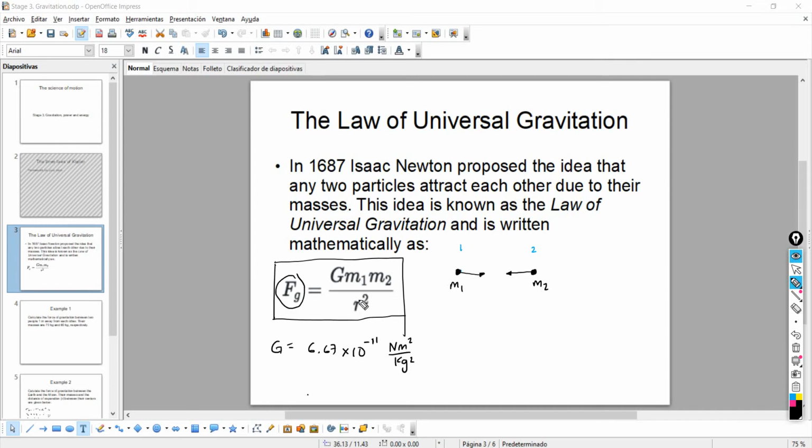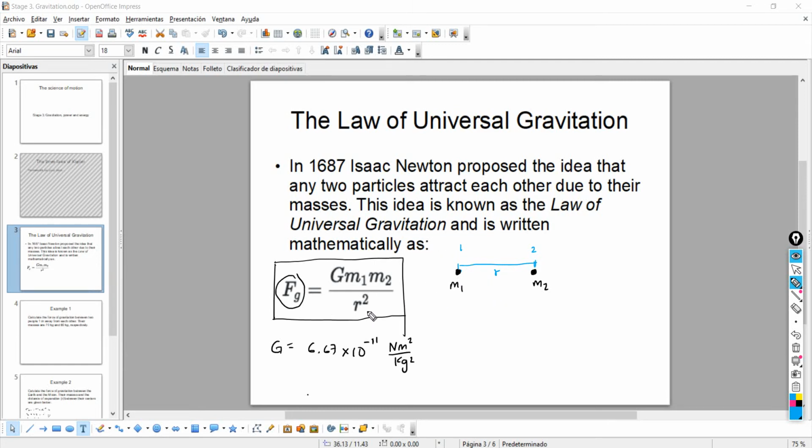And now, what is R? Let me erase for a moment these two arrows representing the force of gravitation. R is the distance of separation between the particles, guys. This distance of separation is usually represented with an R in the context of the law of universal gravitation.